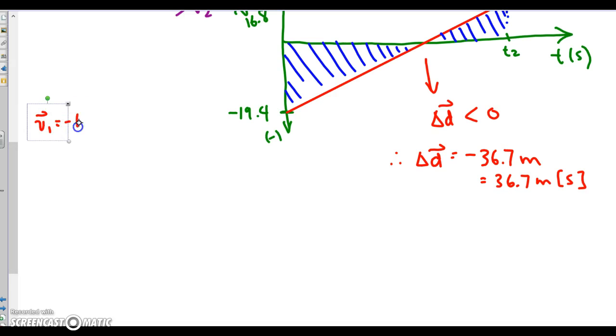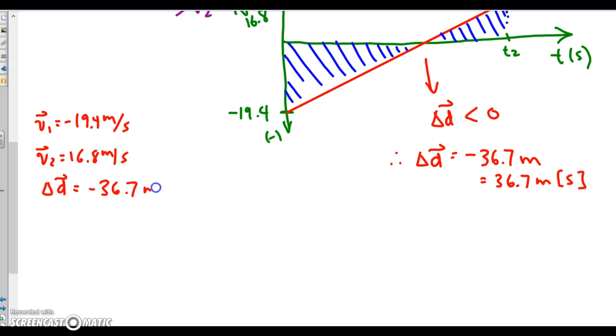V1 we know is negative 19.4 meters per second. That's in the southward direction. V2 is 16.8 meters per second, so that's northward. And we now just figured out that the direction of the displacement is southward. So that means that our displacement is negative 36.7 meters. And we were asked to find the acceleration.